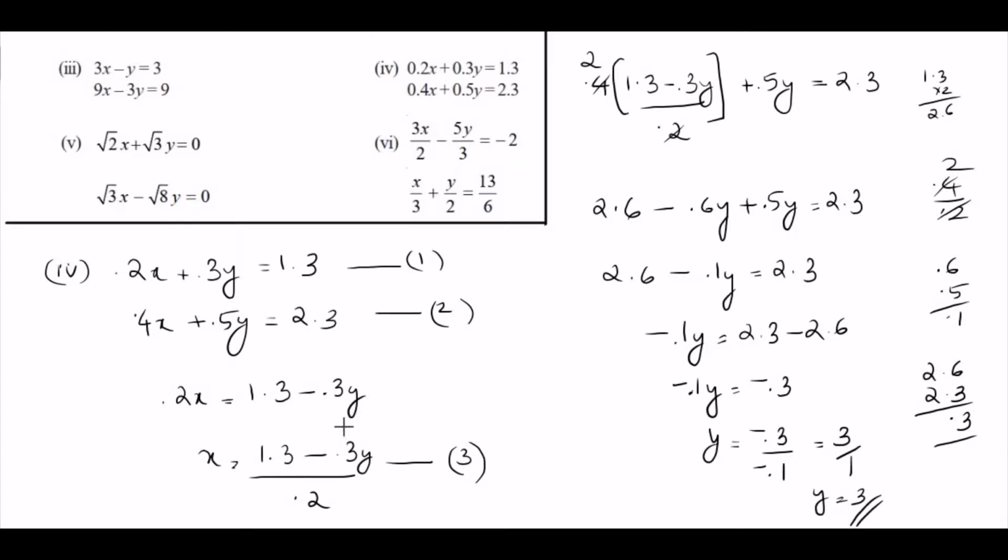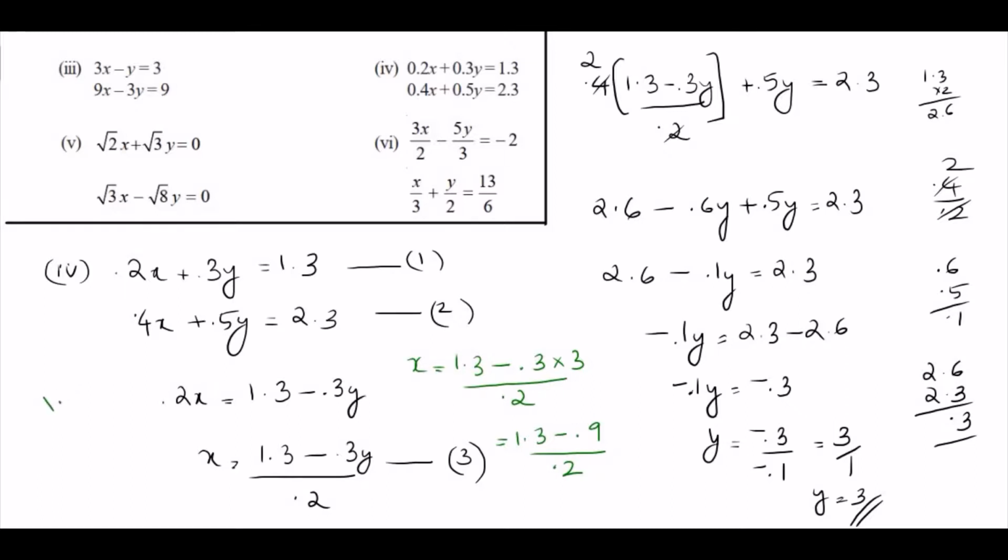Now substitute this y value in the third equation. So x is equal to (1.3 minus 0.3 into 3) by 0.2. So you get (1.3 minus 0.9) by 0.2.